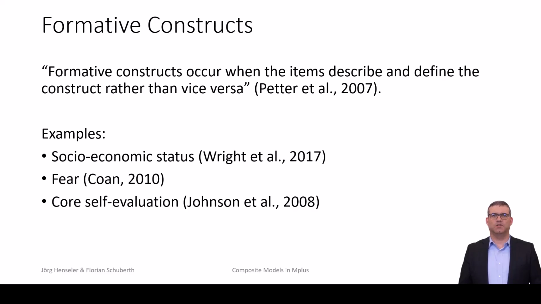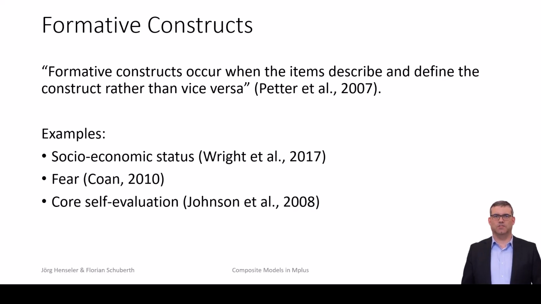So here we don't regard indicators or observed variables as consequences of an underlying latent variable, but rather we regard them as ingredients that form something new. And therefore they are part of a definition, and the relationship between an observed variable and the formative construct is rather definitorial. It's not a causal relationship.